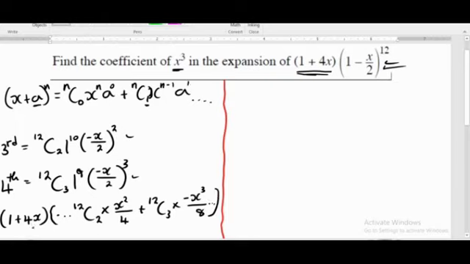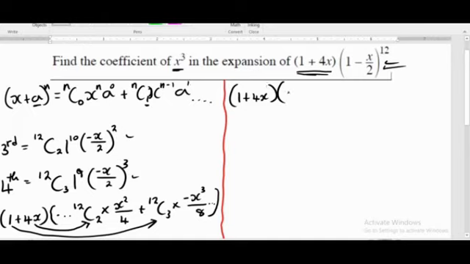By the time you use 4x to multiply this, it gives you x power 3, and when you use 1 to multiply this, it also gives you x power 3. Let's have the value of the combinations. So 1 plus 4x, close bracket. 12 combination 2 is 66.